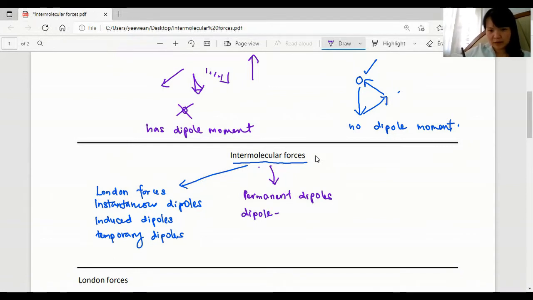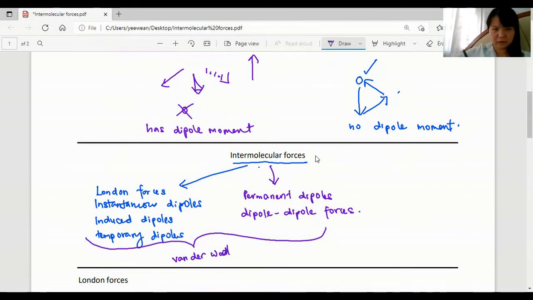Both of them together, we can also call van der Waals forces. The next one would be the strongest intermolecular force. That would be hydrogen bond.